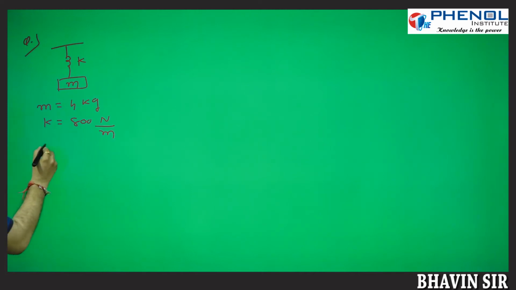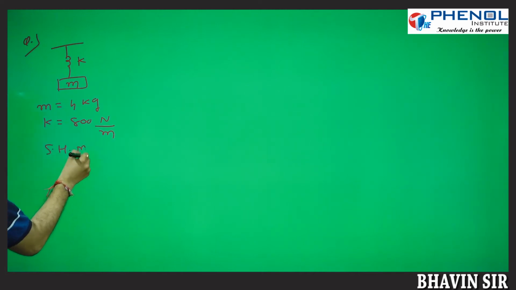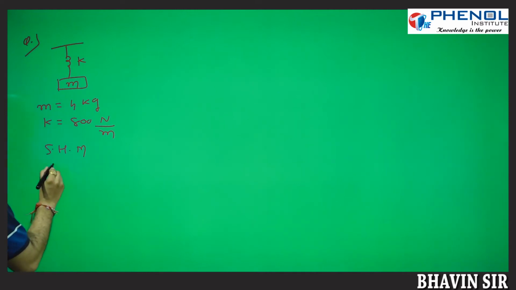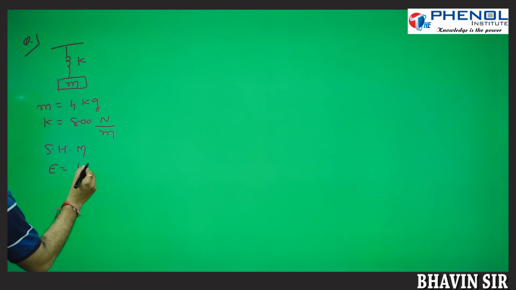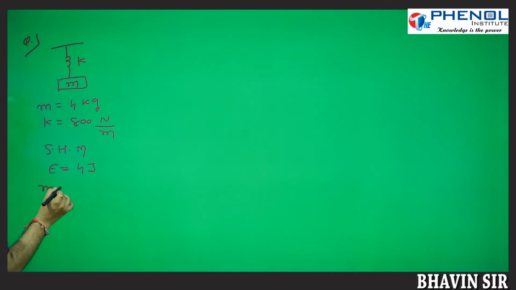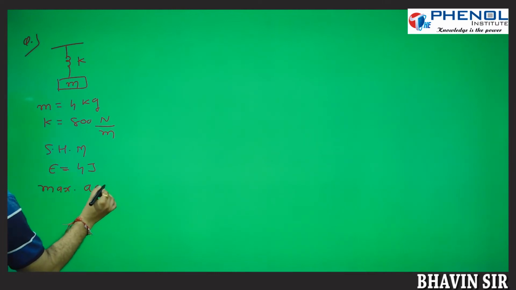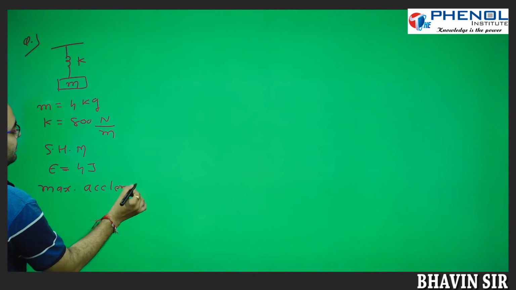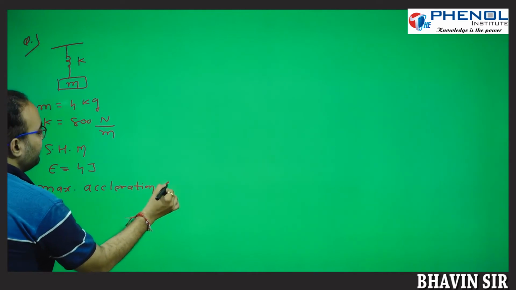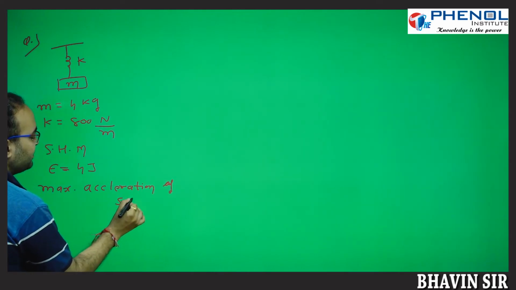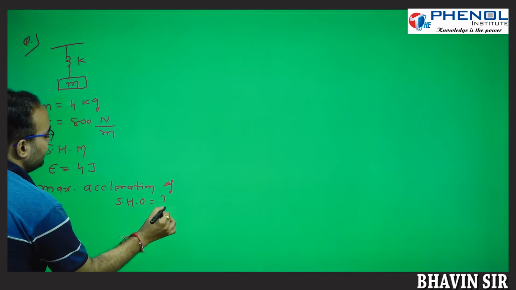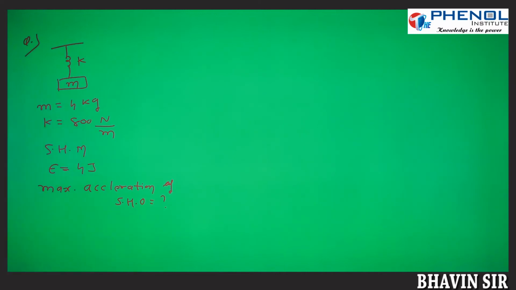As we know, a spring performs simple harmonic motion. The total energy of the spring is 4 joule. We want to find the maximum acceleration of the spring, meaning the simple harmonic oscillator.